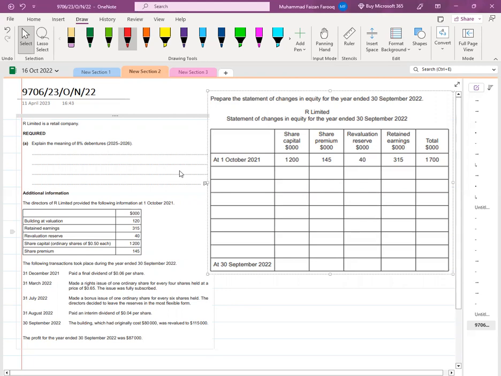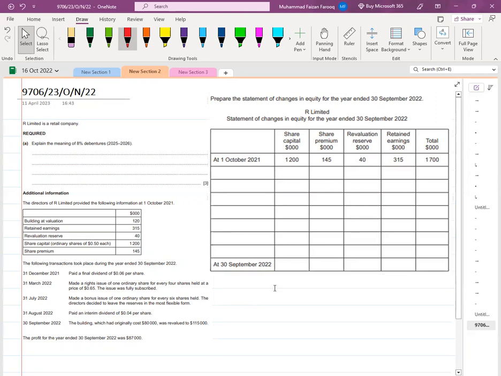So the answer is: 8% is the amount of interest, debenture is a long-term borrowing, and 25-26 means it is going to be repayable in this period. So 3 easy marks.